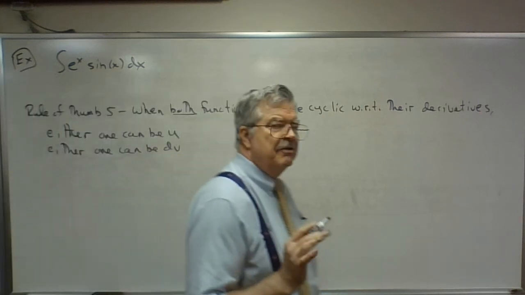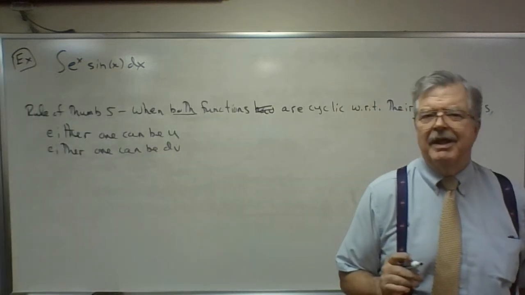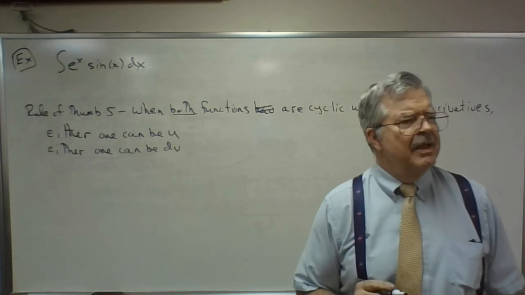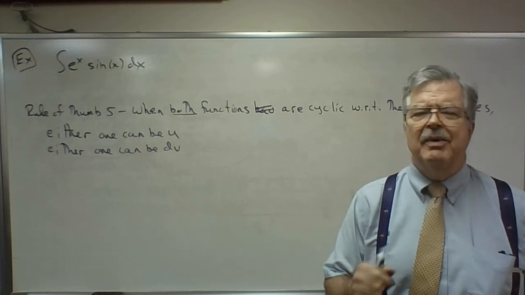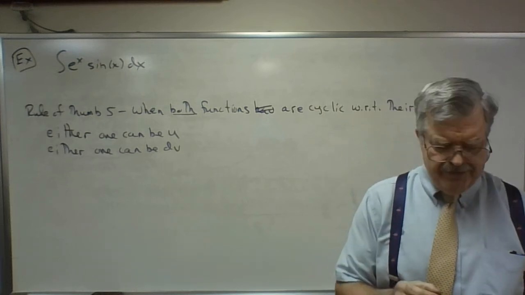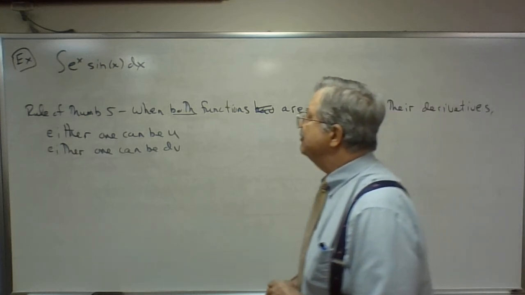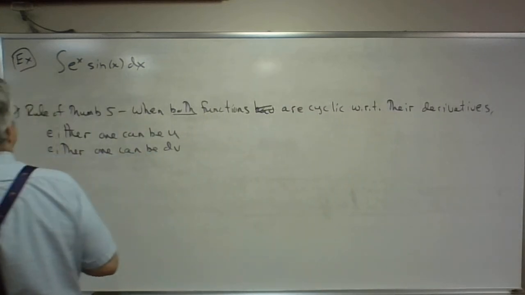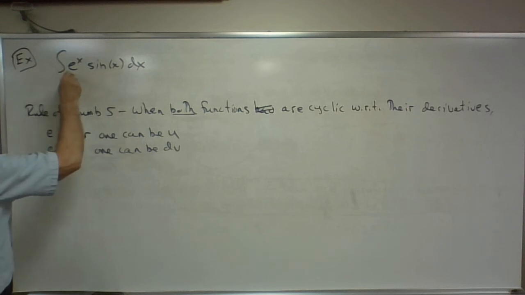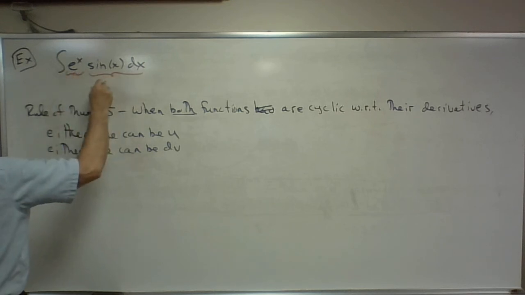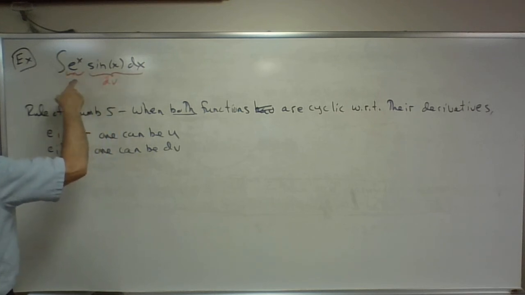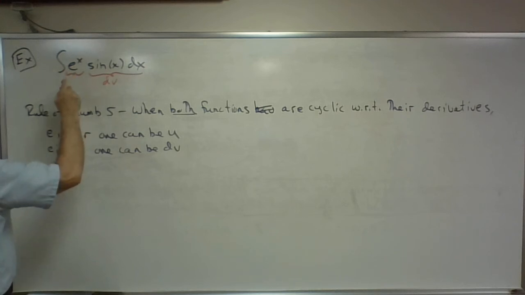And something very interesting is going to happen. We're going to have to do integration by parts at least twice, but something very interesting is going to happen. Let's check this out. We'll call this u. We'll call that dv. So here's u, there's dv.